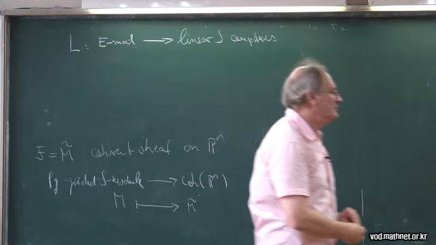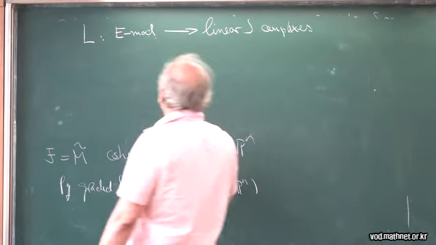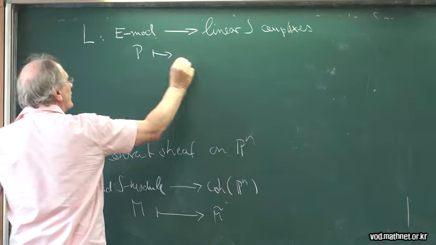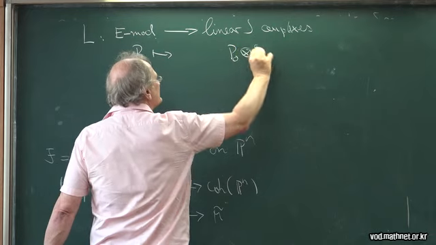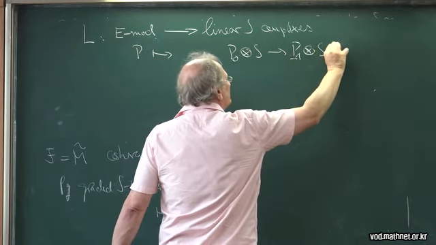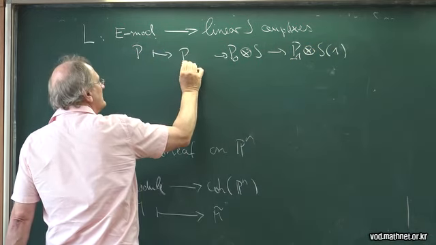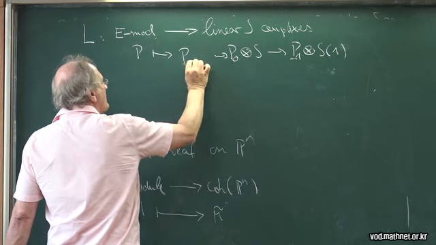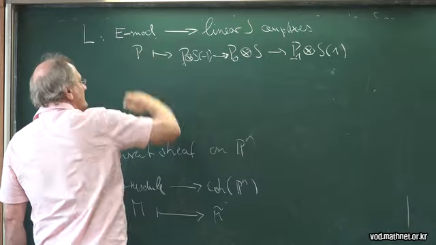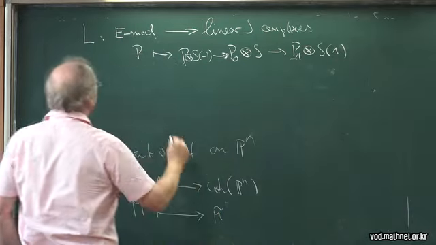Well, I really don't have to use O here, I could use S instead. So I send a module P to the complex P0 tensor S, P minus 1 tensor S plus 1, and so on, P1 tensor S minus 1. So this here is the complex. This here is L of P.